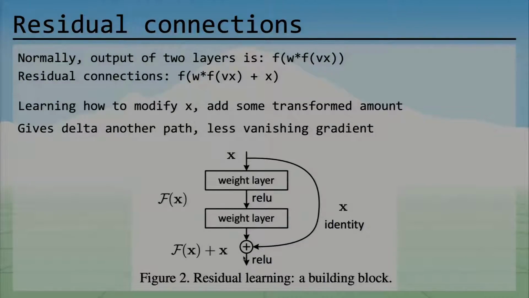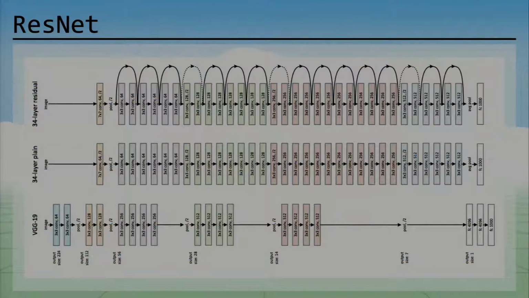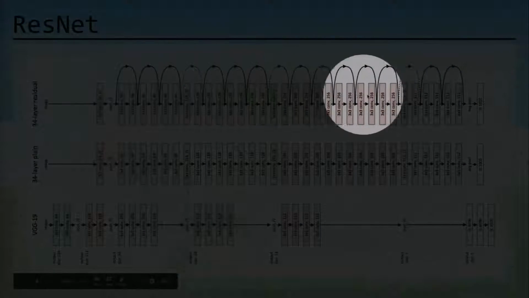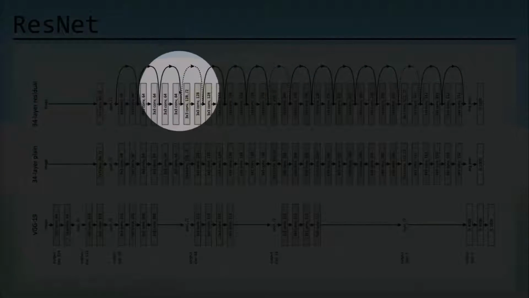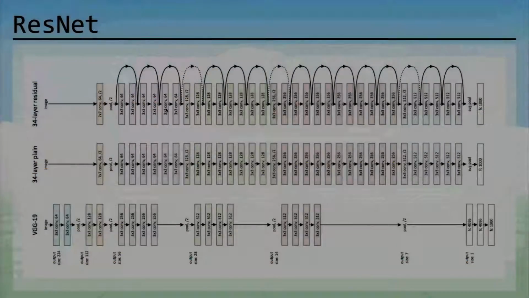So instead of modifying what x is, we're going to be changing x a little bit. We still have our component of x in there, but then we're also adding in some new amount of information based on whatever f of x calculates. And what this ends up doing is, if you have a bunch of these strung together, like in this example where we have this really long residual network, all of these are basically identity functions as they go forward. And so when they go backward, they're also identity functions applied to whatever the gradient happens to be.